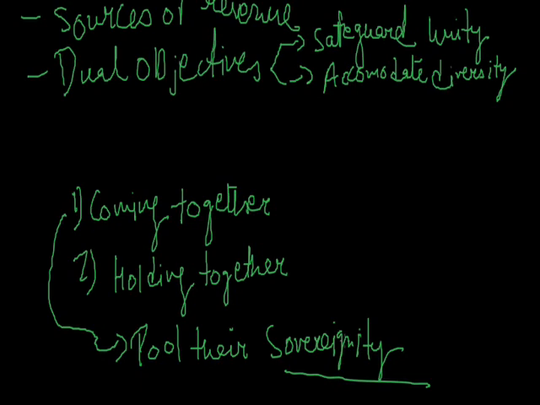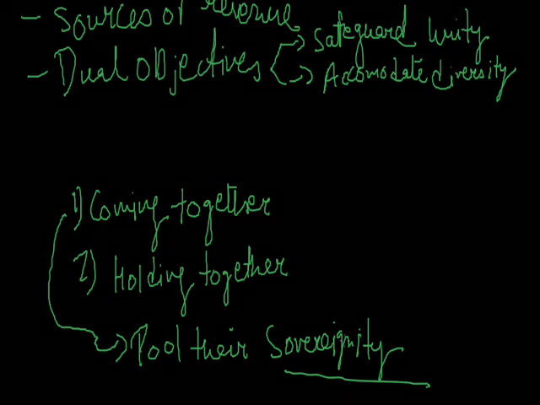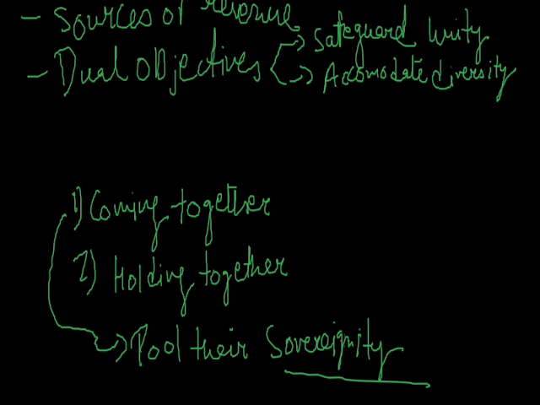Sovereignty means every country is free to frame external and internal policies. Like India is a sovereign nation, and it's up to us how our relations are going to be with our neighbors, with China, with Pakistan, with Sri Lanka. And no other country will interfere in this.